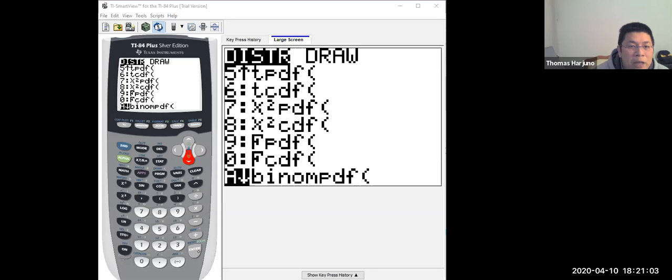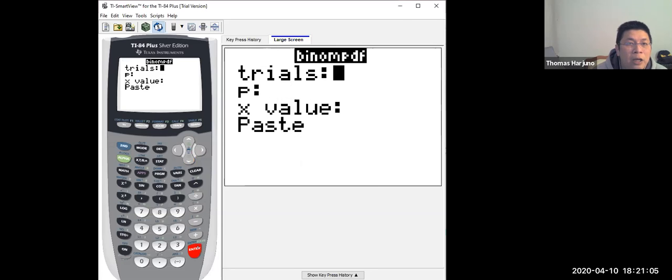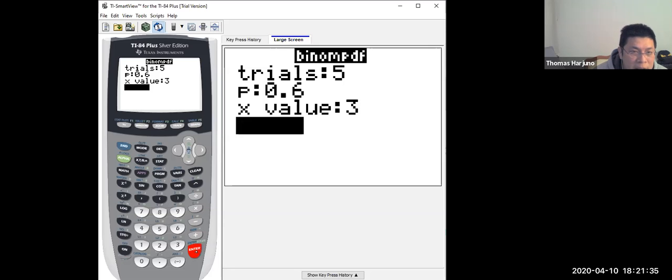Now I will press enter. Then my screen will go to this binomcdf. How many trials in this question? 5. Then scroll down. What is the p? 0.6. What about the x value? The number of successes we want is 3. Enter, and then you paste it. Boom.